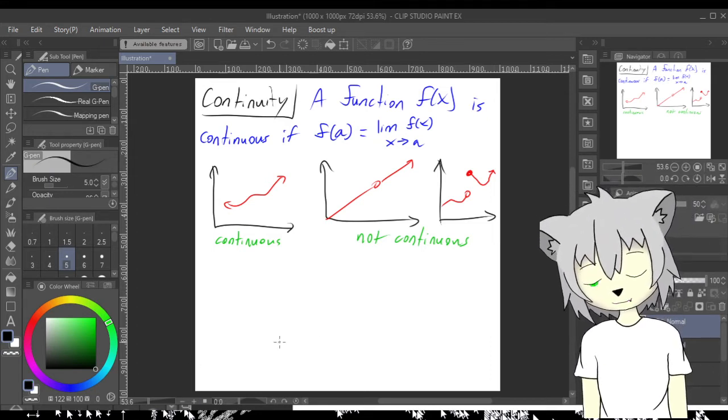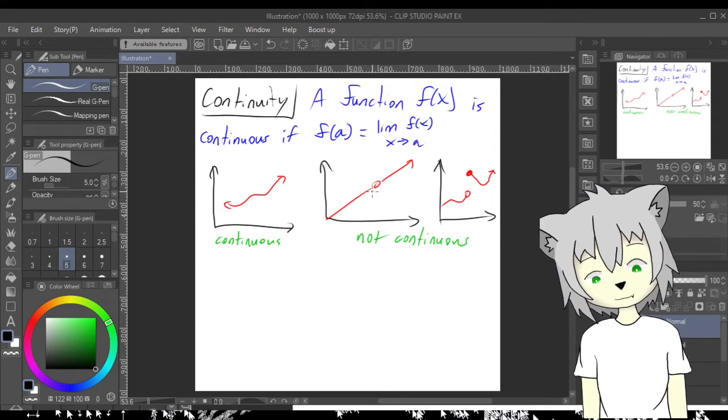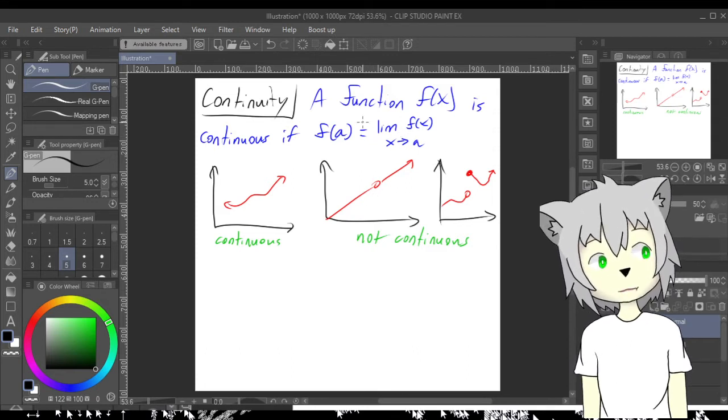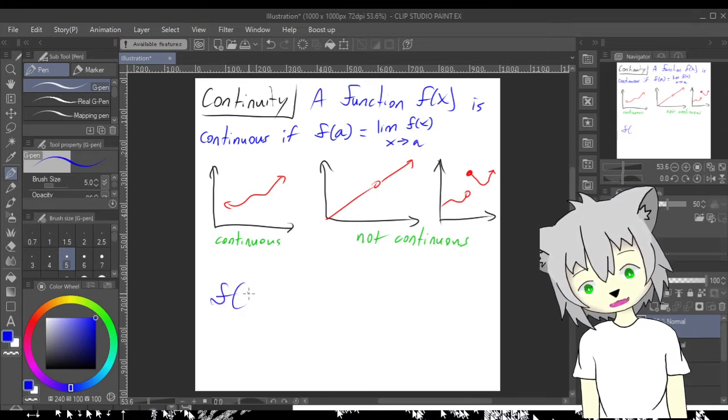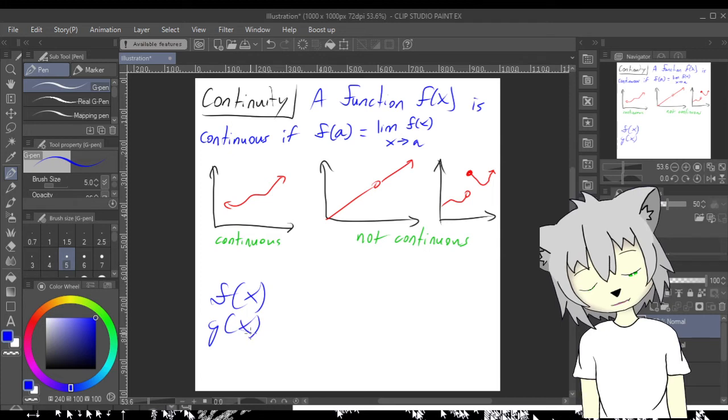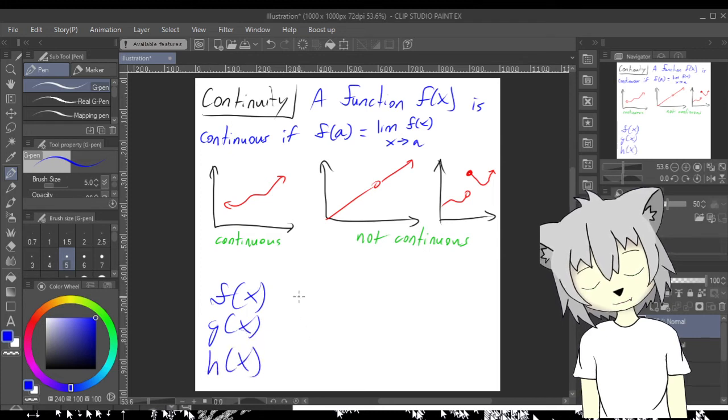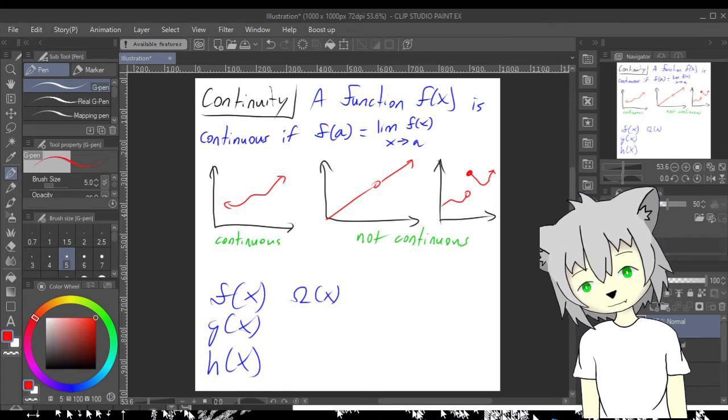It is basically the limit as x, as a variable, or whatever, doesn't really matter. Some function; it doesn't even have to be f of x, it could be g of x, h of x, omega of x. And the variable doesn't even have to be x.